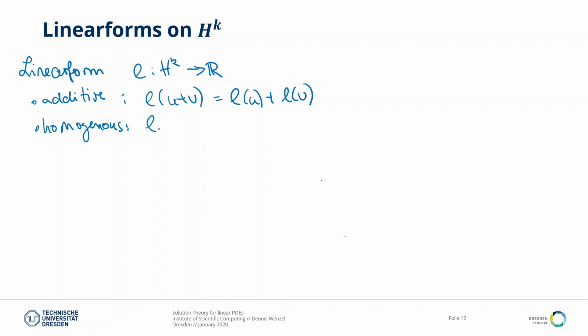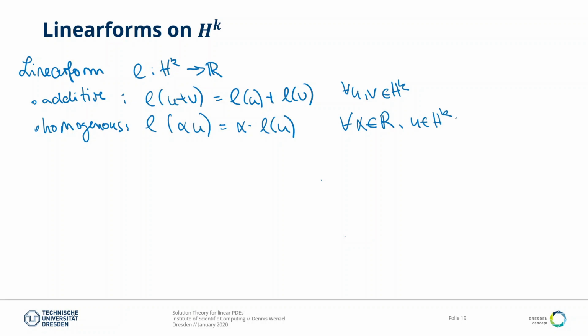That means that you can take a real factor out of it. So L of alpha times u is alpha times L of u. And this is supposed to hold for all u and v in HK, and for all alpha in R and u in HK.